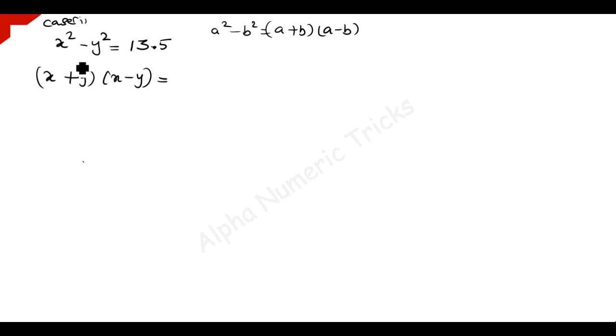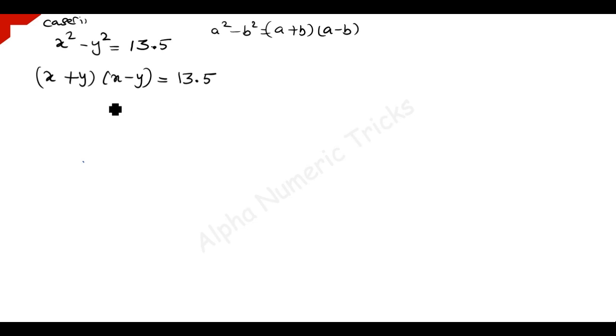So using this formula, we can write x squared minus y squared as x plus y times x minus y equals 13 times 5. Here x plus y is the largest value and x minus y is the smallest value. So while writing these two terms, you have to write the highest value here and the lowest value here. Both ways you can do it.